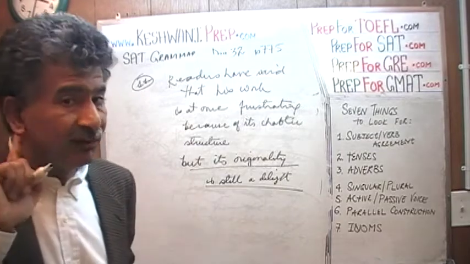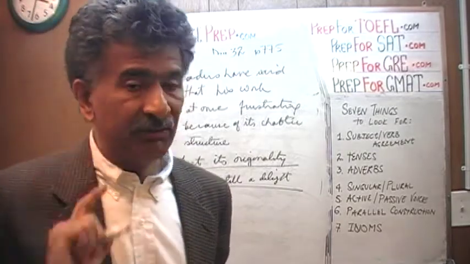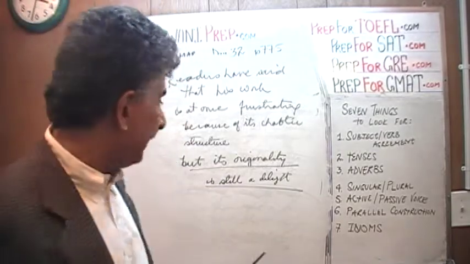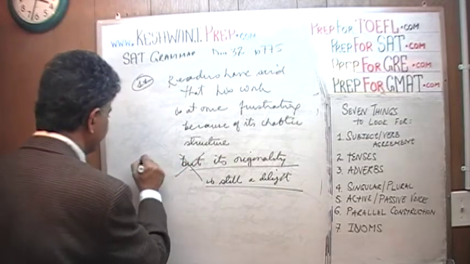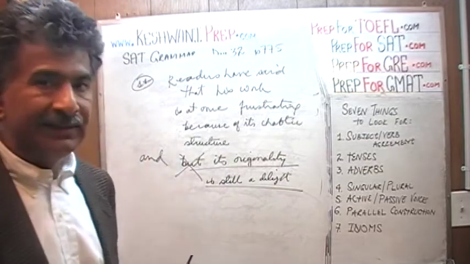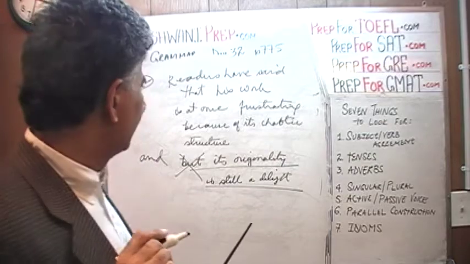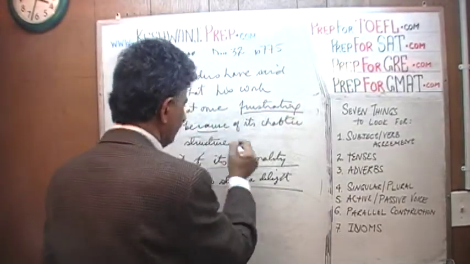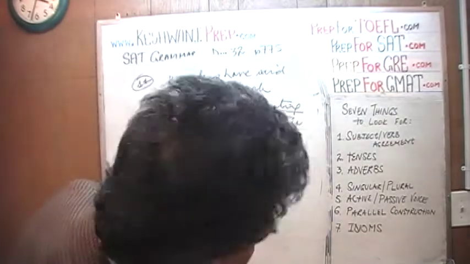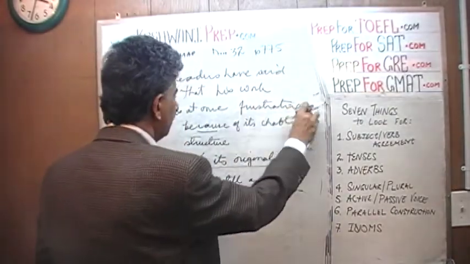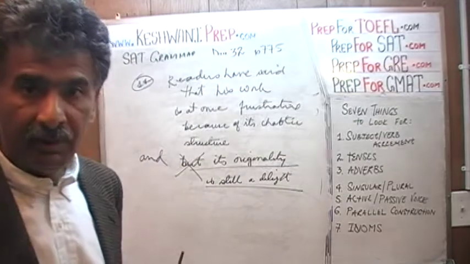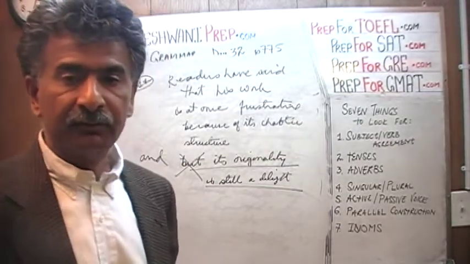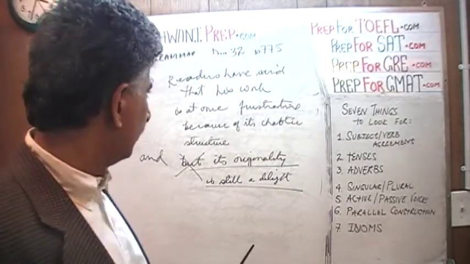Now, the very next word that my ears expect to hear is and, not but. His work is frustrating because, I shouldn't have underlined it, because underlining a structure of the sentence has a very special meaning in our line of business, so we won't do that.